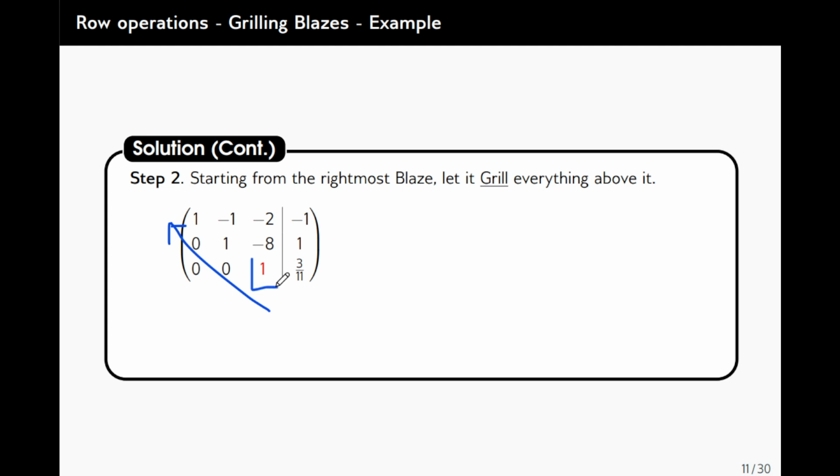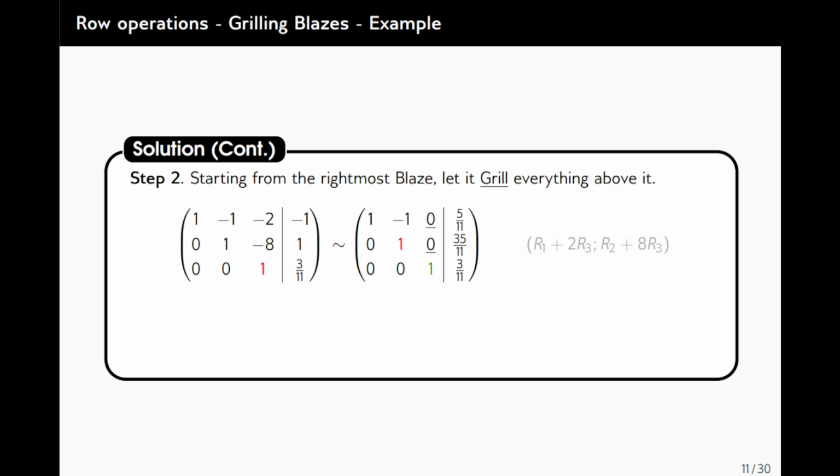So you start from the rightmost place, and then you glue all the things above. Okay, you just make it into 0 and 0. And by the way, for example, if you cancel this -2, you just add 2 copies. If you cancel this -8, you just add 8 copies. Okay, so it's not a big deal.